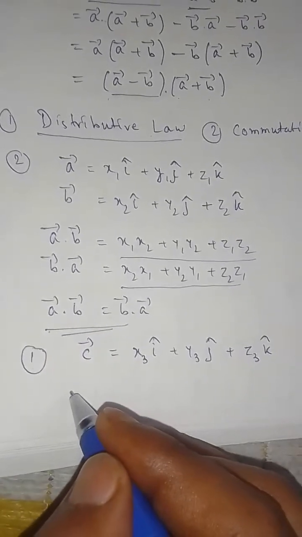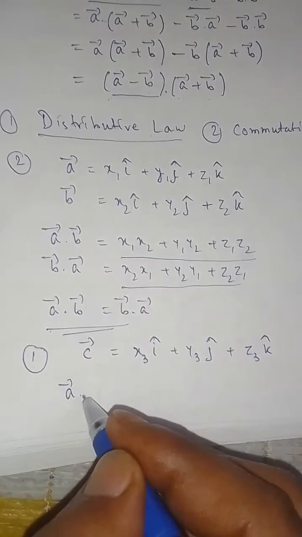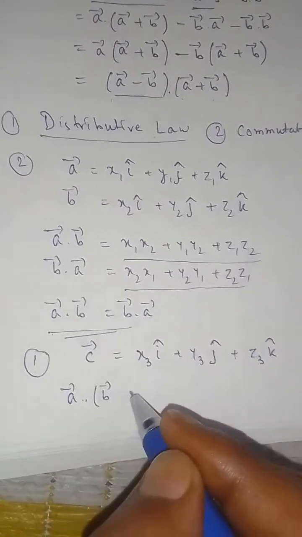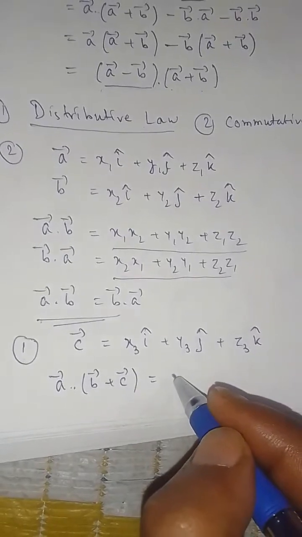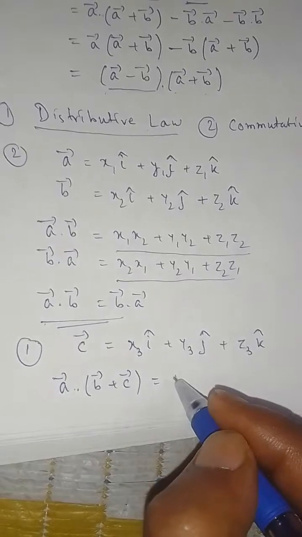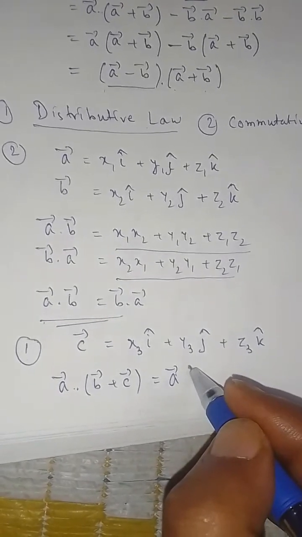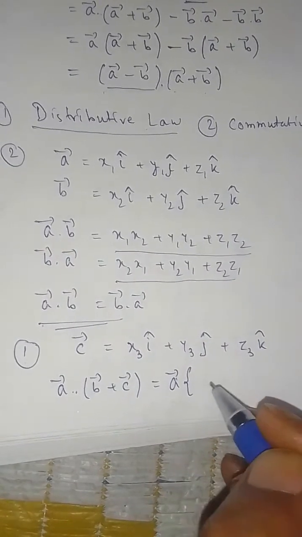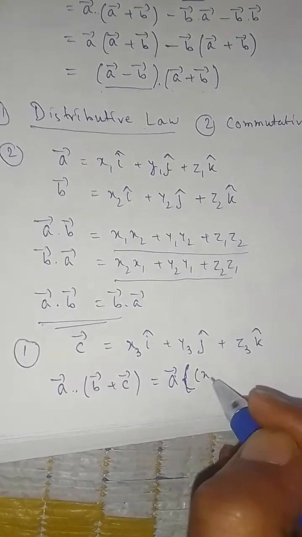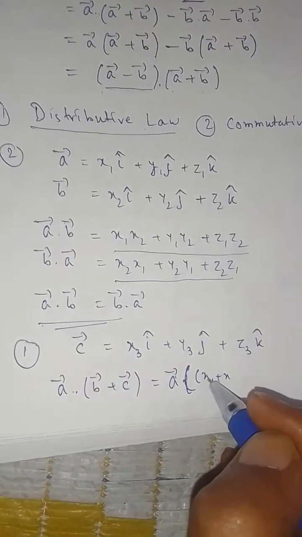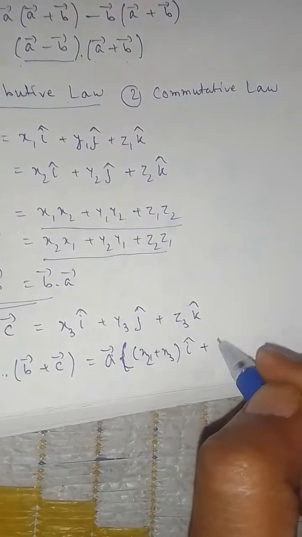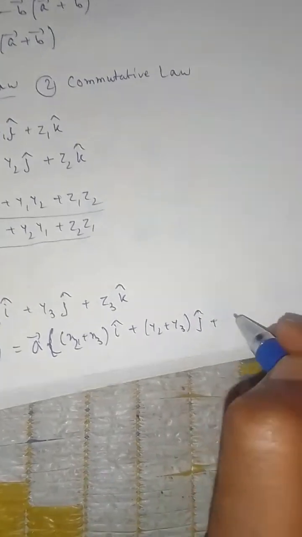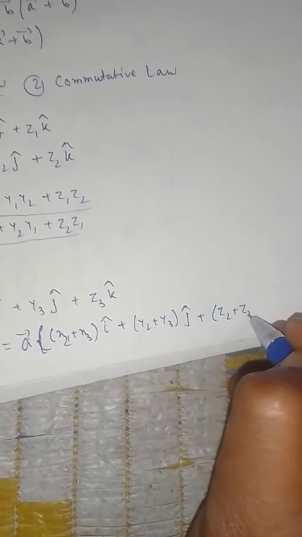So we will have a vector dot b vector plus c vector is equal to a vector, and here it will be in first bracket x2 plus x3 i cap plus y2 plus y3 j cap plus z2 plus z3 k cap.